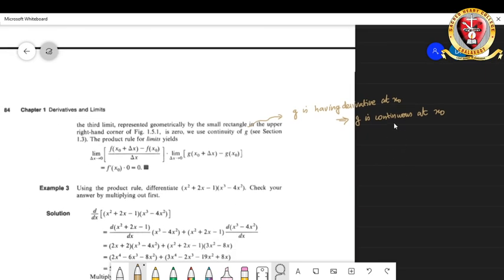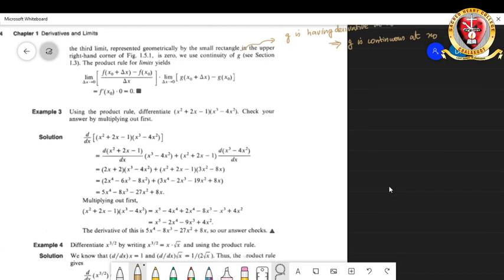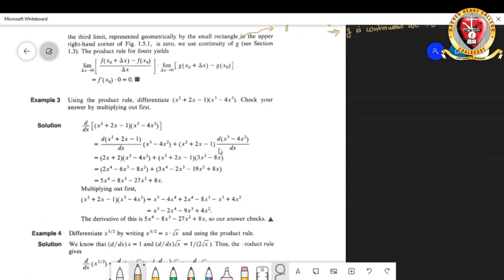So you can see example 3. Example 3, using the product rule, differentiate this term. You can use two types of methods. The first method is to use the product rule. Then they have asked to check your answer by multiplying out first. So the first method: derivative of x square plus 2x minus 1 into x cube minus 4x square.